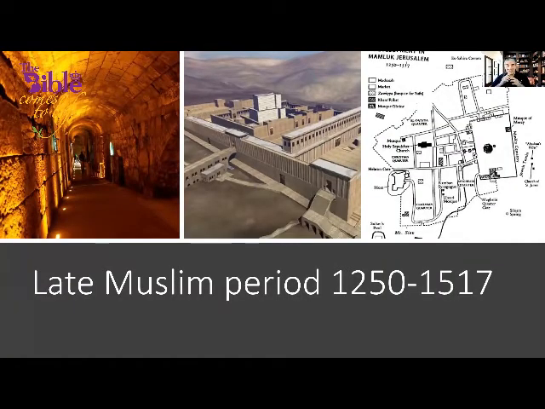We're now entering the late Muslim period. In the year 1250 AD, we have a new dynasty called the Mamluks, a Muslim dynasty based in Cairo, which went and destroyed the remains of the Crusader kingdom that had been destroyed in the year 1187 by Saladin.